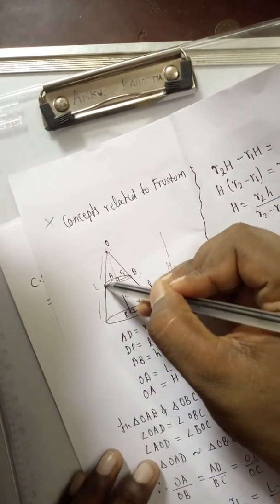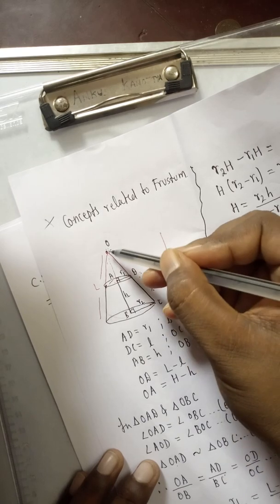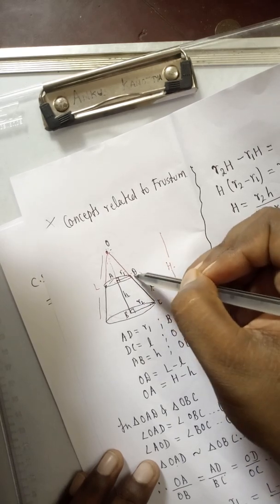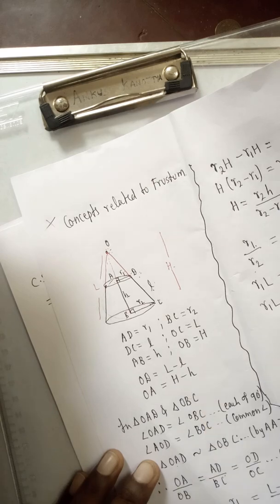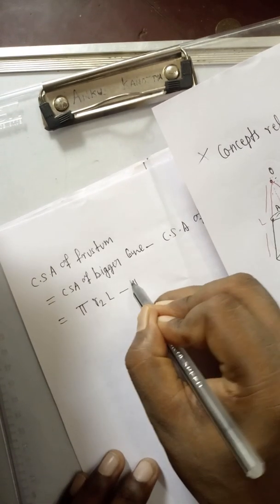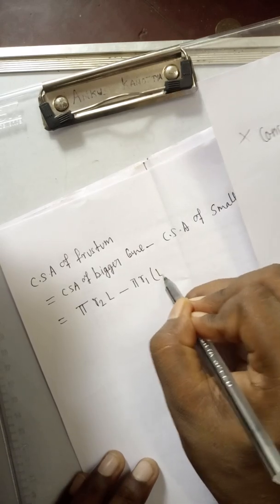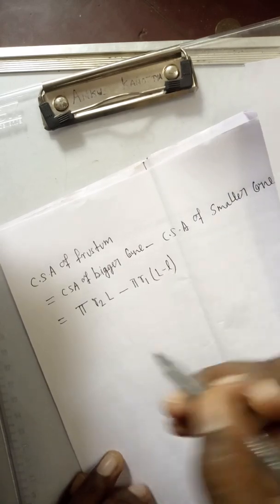It is again pi, radius is R1 and slant height means this OD, and OD was what? L minus l. That means pi R1 instead of L will become L minus l. I hope this is clear.